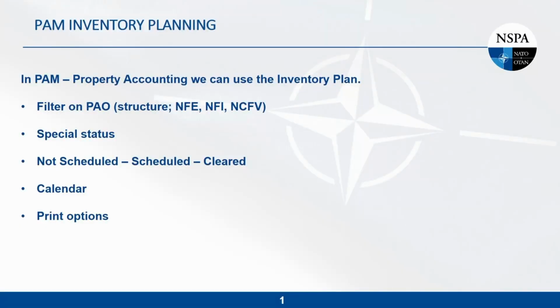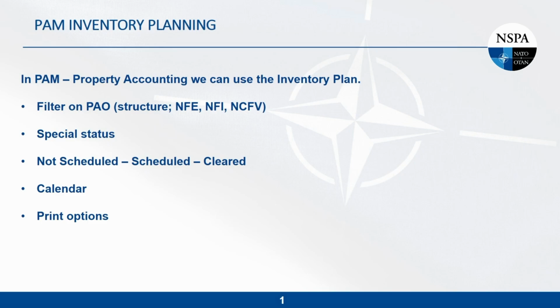So in this video, we showed you the PAM inventory plan or inventory planning tool. We showed you the dashboard, how to filter on the different PAO structure, as mentioned, the NFE, NFI, or the NATO Common Funded Vehicles. We showed you how to create a special status and when to use them, or how to use them.